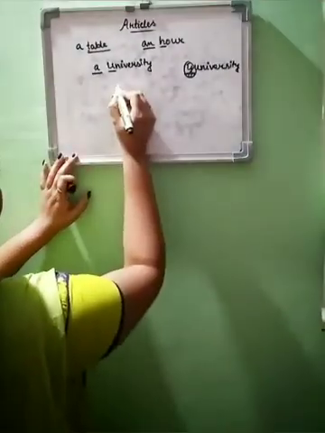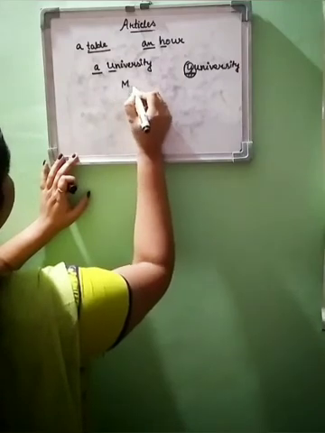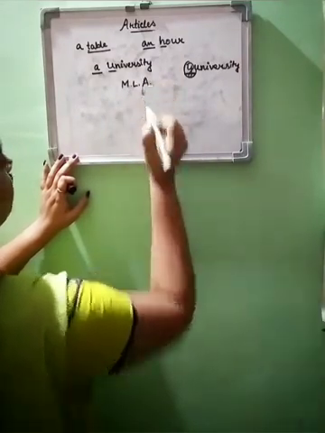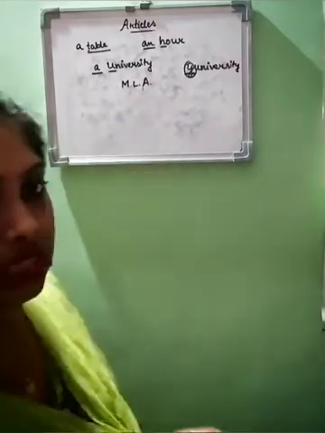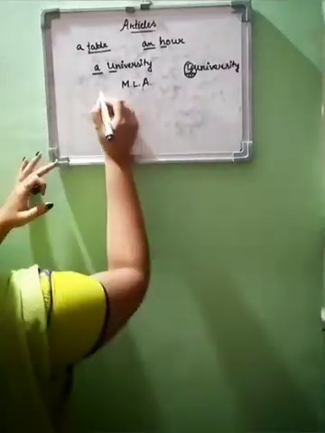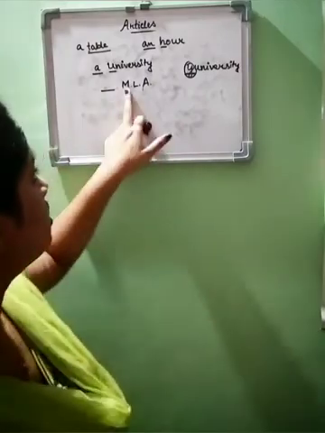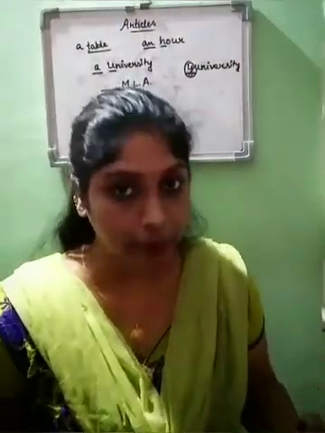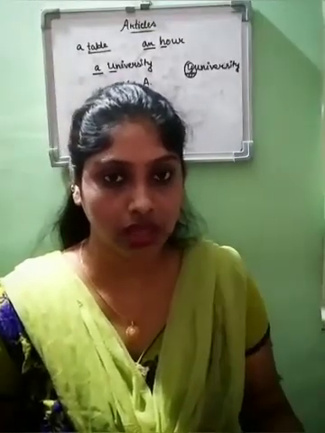Then let's see, suppose MLA. He is an MLA of the state, suppose. So in that case, what will we use? This is starting with a consonant letter, but how are we pronouncing it? "Em-El-Ay". So what is coming first? Are we saying M?